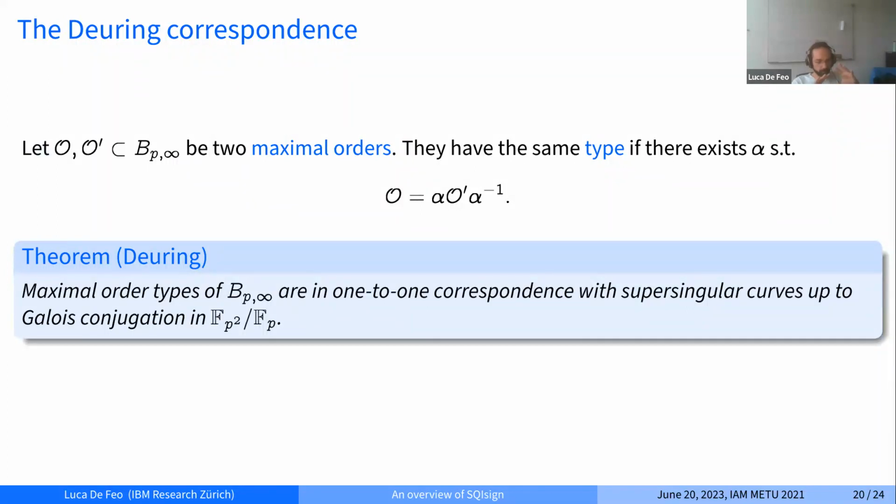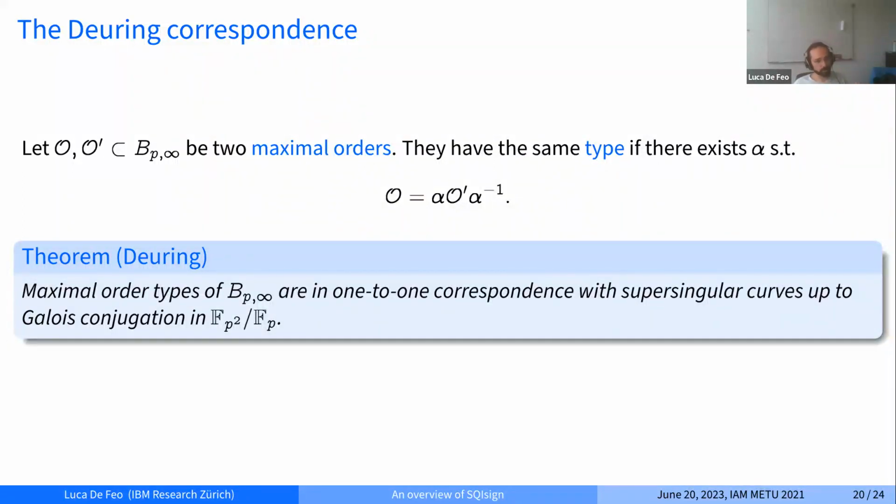So now I have defined all the concepts. I need to define the Deuring correspondence, which is this very beautiful theory that puts in correspondence supersingular curves with maximal orders of quaternion algebras, and then we have a whole dictionary of how things correspond to one another in this world. But before, I need to define a concept of equivalence of maximal orders.